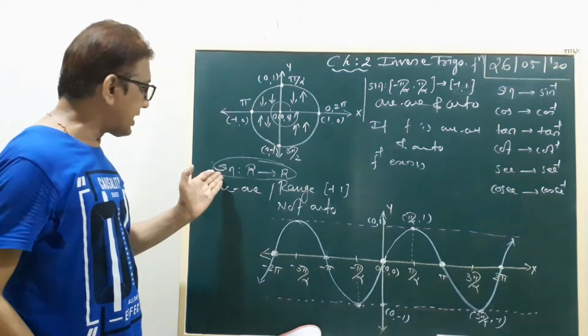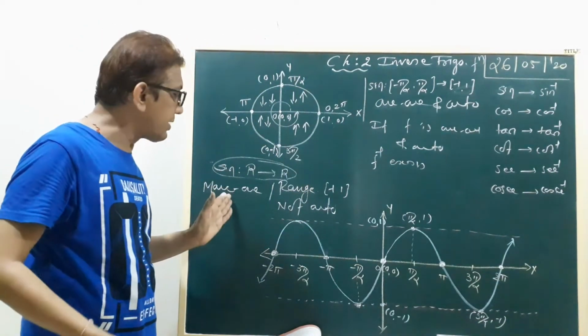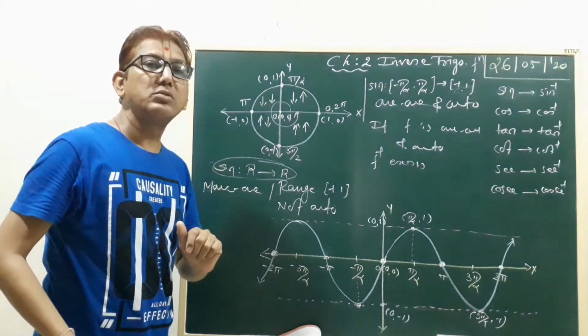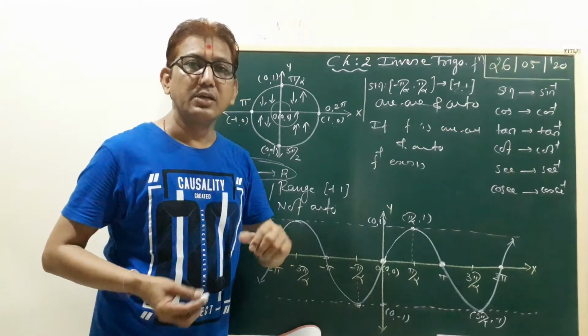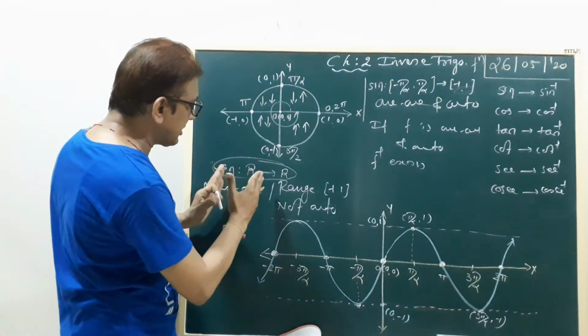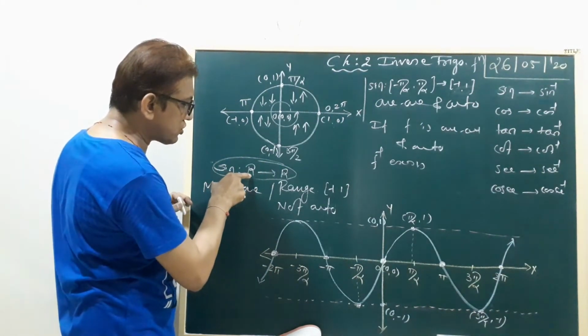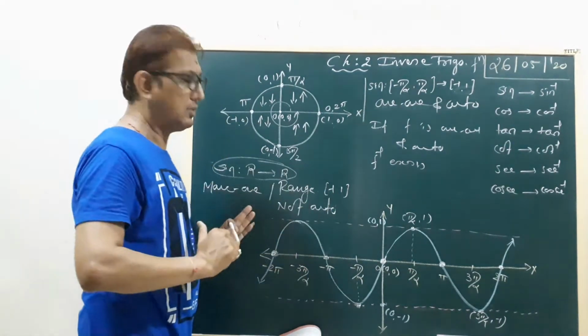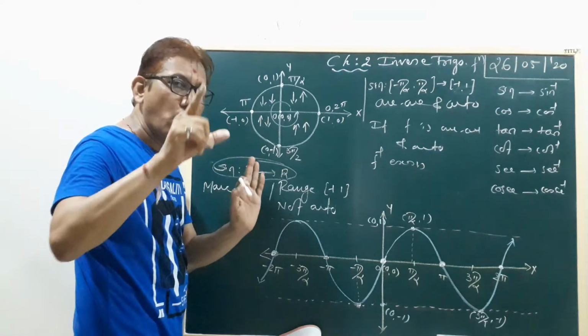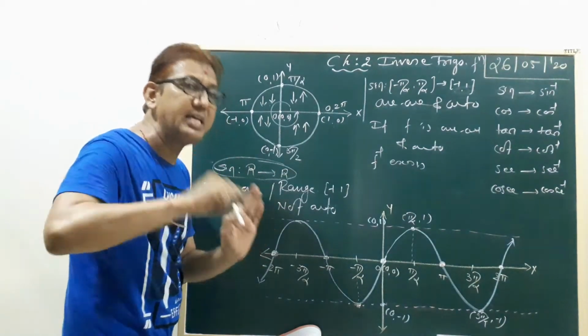Here sine is not one-one, it is many-one, and not onto. So how is the sine inverse function possible? Now we discuss that the domain and codomain of the sine function are limited.